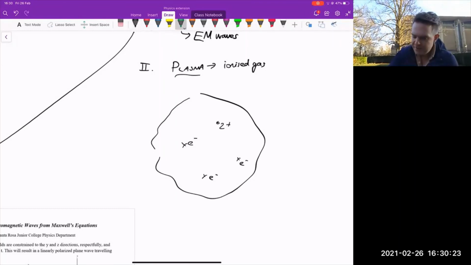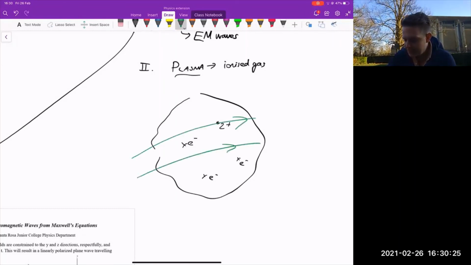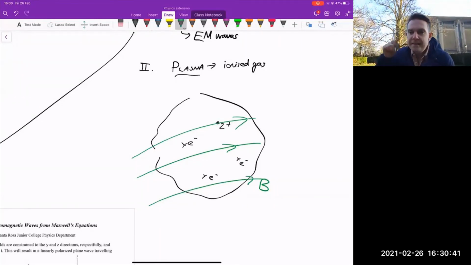So when you have magnetic fields or electric fields interacting with the plasma, it's not so straightforward to deal with, because all these charges in the plasma can move around and are affected by the field. The fact they can move is important, because where you've got atoms and ions moving around each other, that's called a fluid, right?